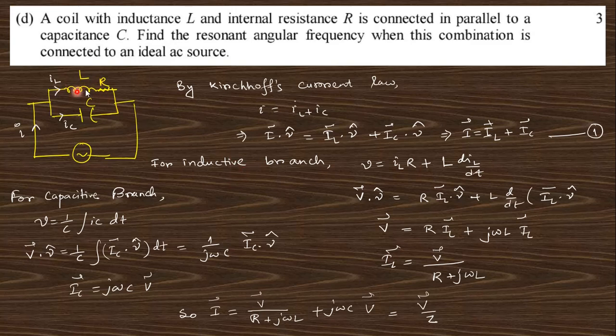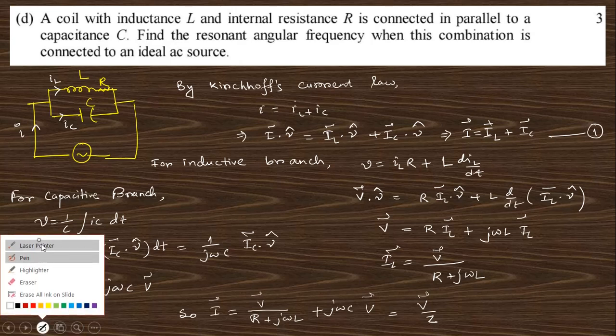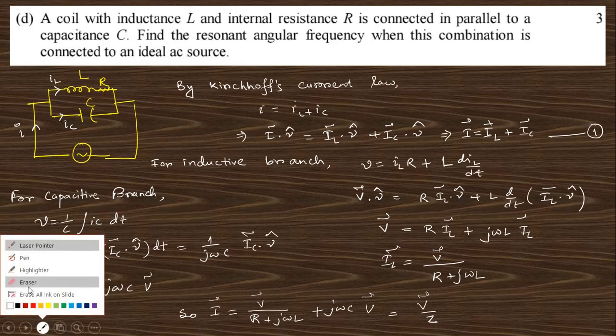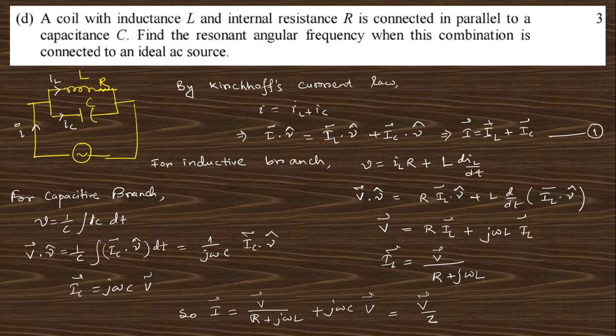In the inductive branch, the total voltage will be IR plus L di by dt. In vector form, because of this inductor there is j omega L, and so IL will be like that. In the capacitive branch, the voltage equals Q by C, where IC dt is Q. In vector form you will get j omega C, and the impedance is 1 by j omega C.